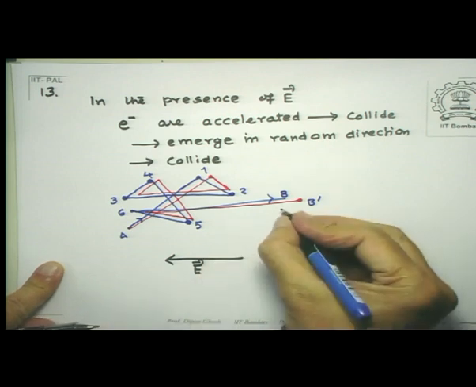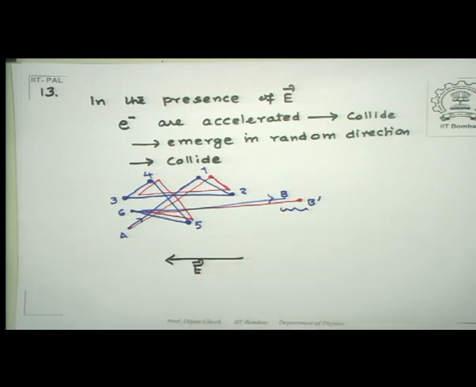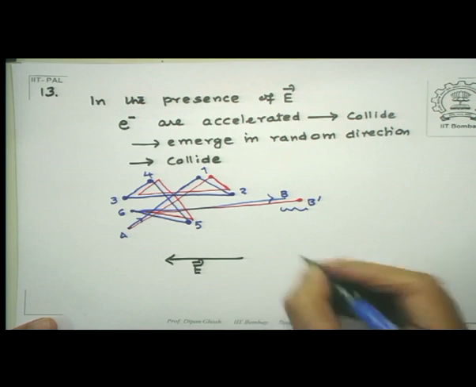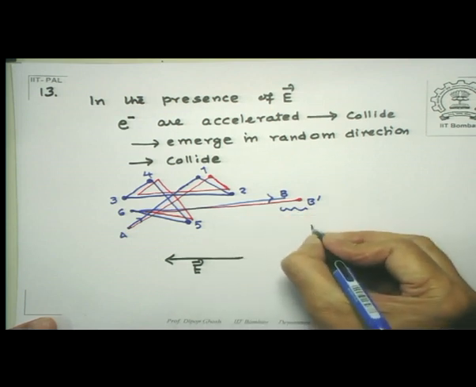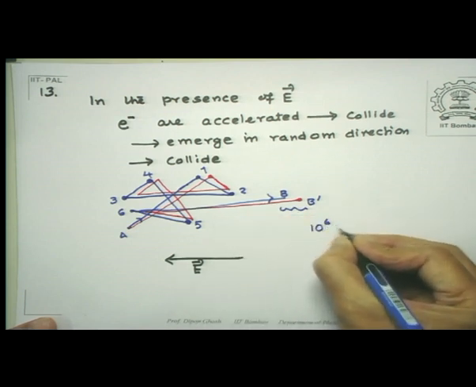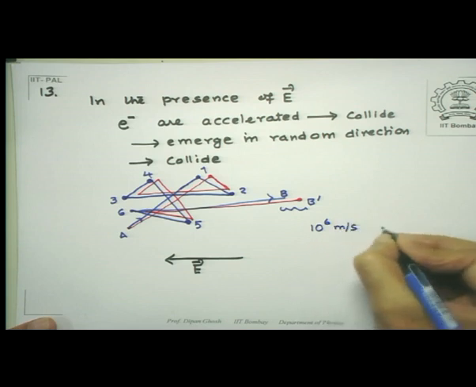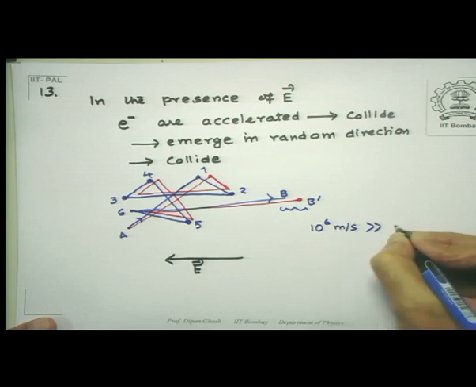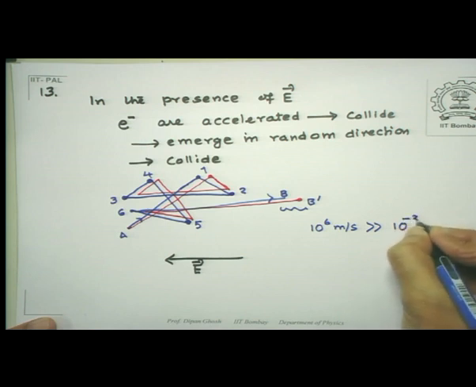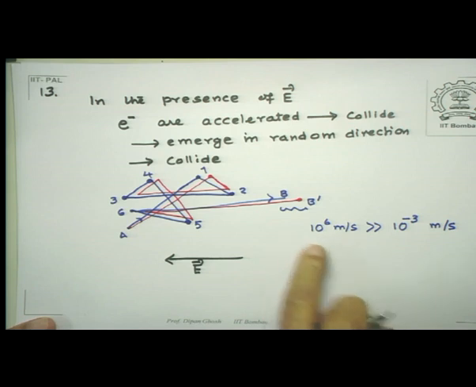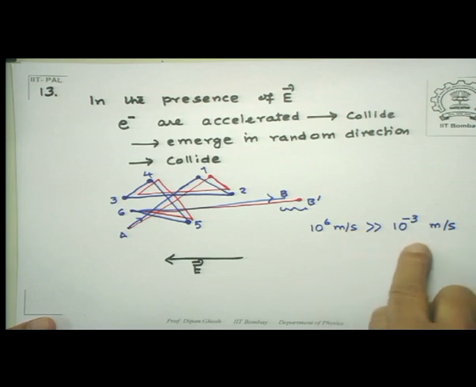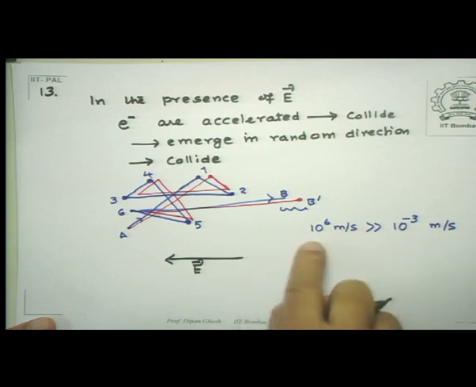So there is this slight drift in the direction of minus E, and we have seen that the electron velocity is about 10 to the power 6 meter per second and the drift speed is a few millimeter per second. So the electron speed is greater than the drift speed by a very large factor.